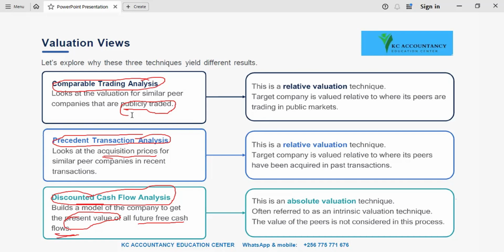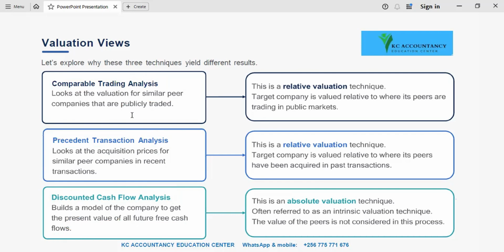So now that we have done a quick review of these three main techniques, let's start to investigate why they are different. First of all, comparable trading analysis is a relative valuation technique.